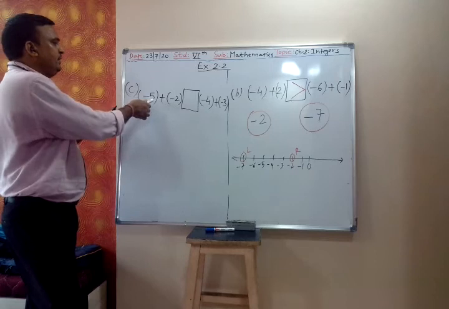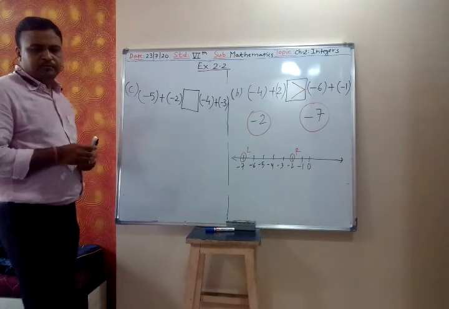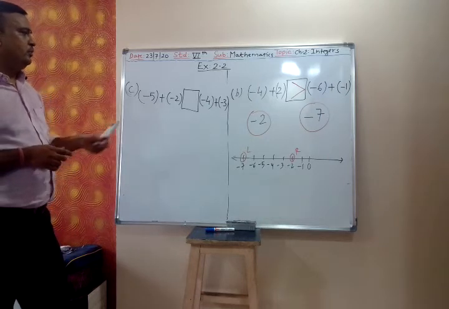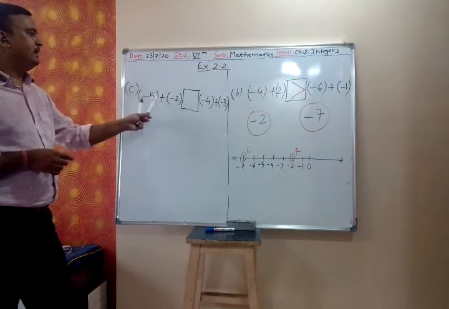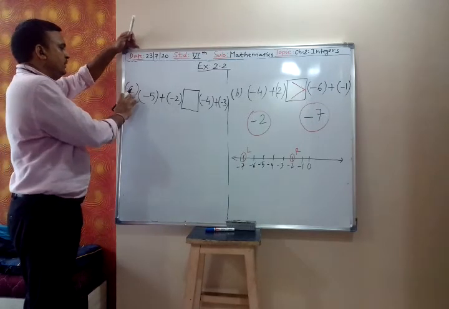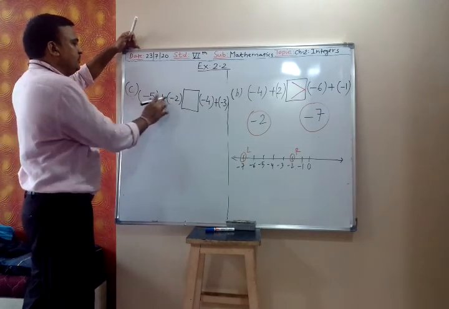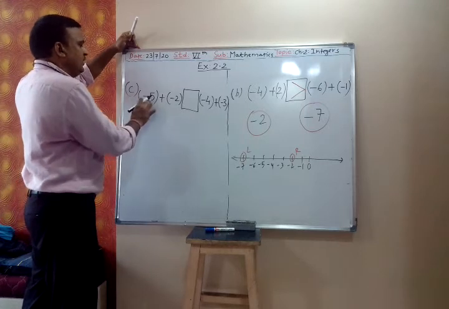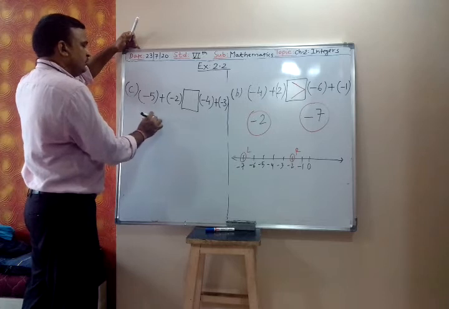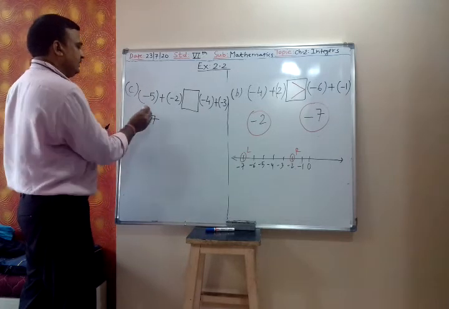What is the sign of 5? Minus. What is the sign of 2? Minus. Minus minus means same sign. So you have to take the common sign minus. Add the numbers 5 plus 2, 7. So the answer is minus 7.